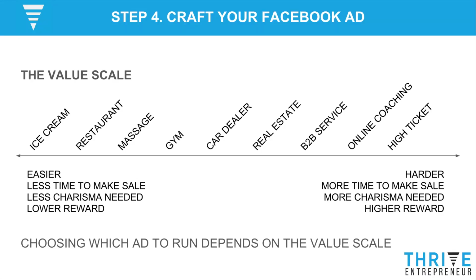It says lower reward for the business, but that's not really entirely true. If you sell 600 ice creams at $2 an ice cream, that's $1,200, and you might do that in a day easy. Or, if you're a gym and you're like, oh, I need 100 members to reach my baseline. Well, 100 members, if you're a straight gym, like a 24-hour gym, that's pretty easy to reach.